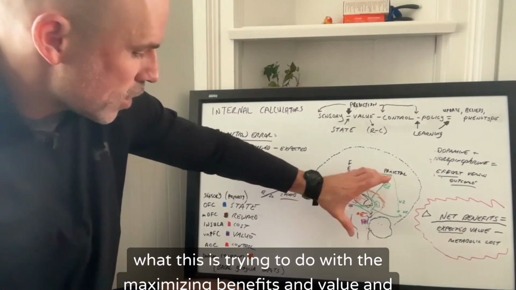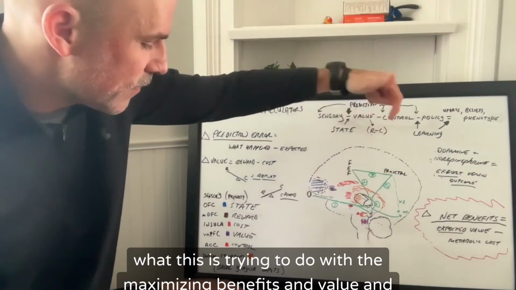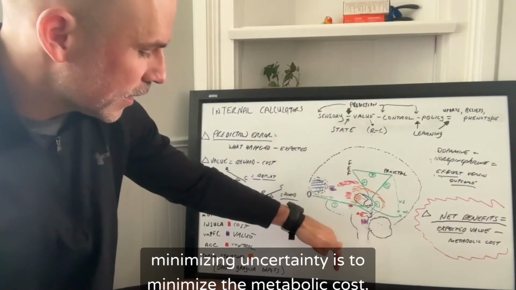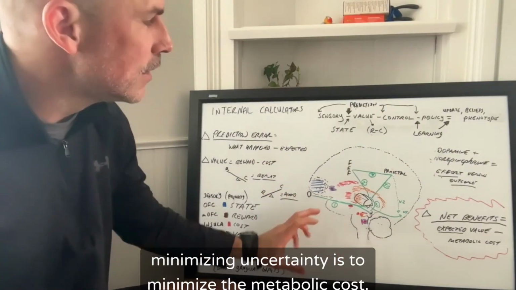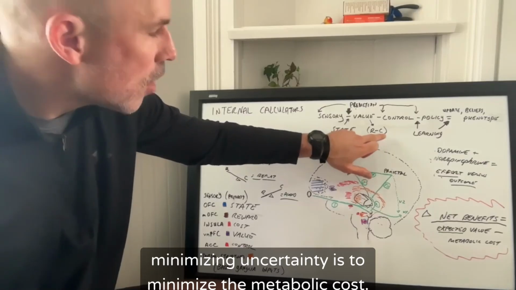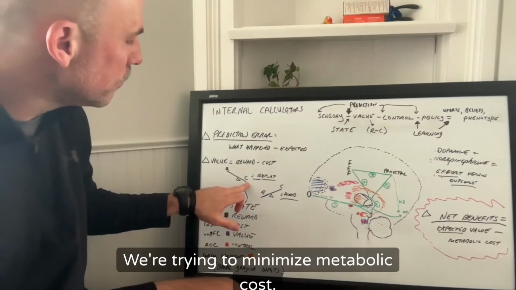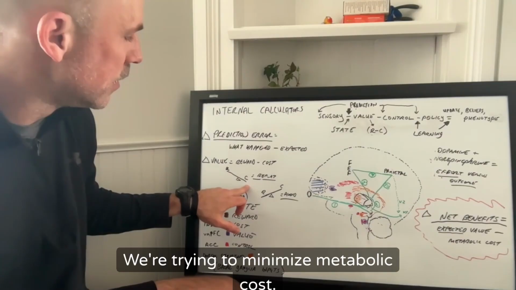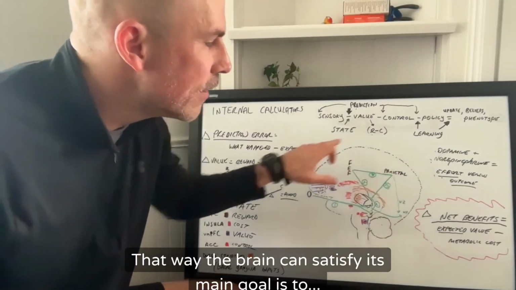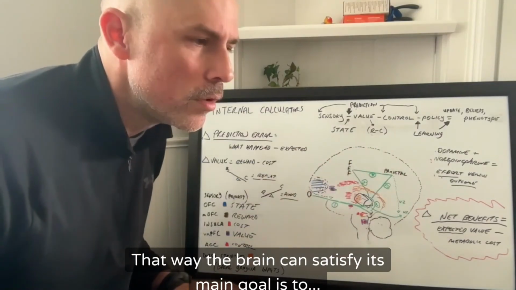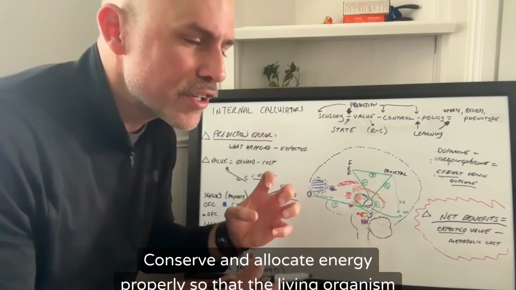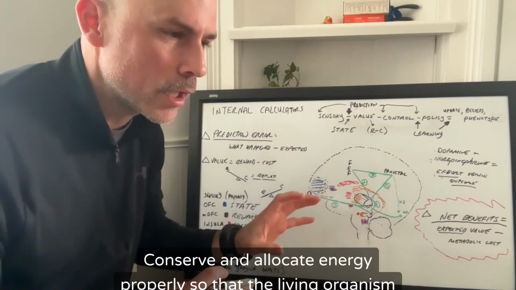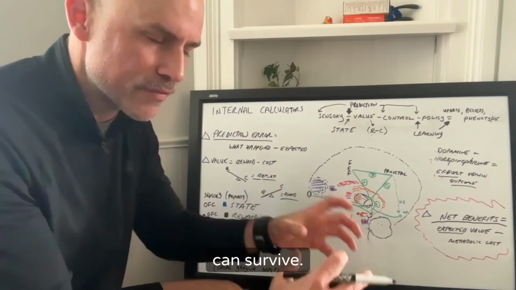What this is trying to do, with maximizing benefits and value and minimizing uncertainty, is to minimize the metabolic cost. That way the brain can satisfy its main goal, which is to conserve and allocate energy properly so that the living organism can survive.